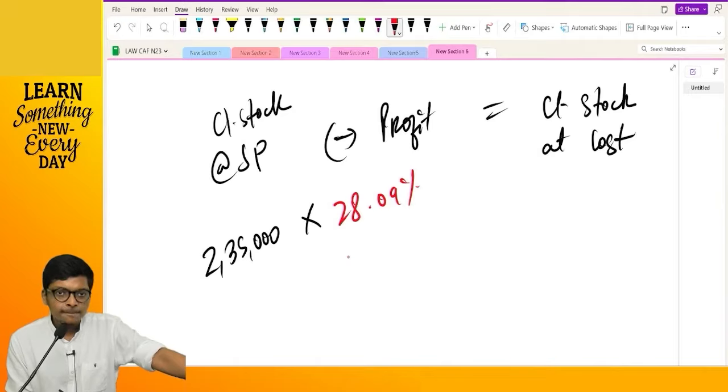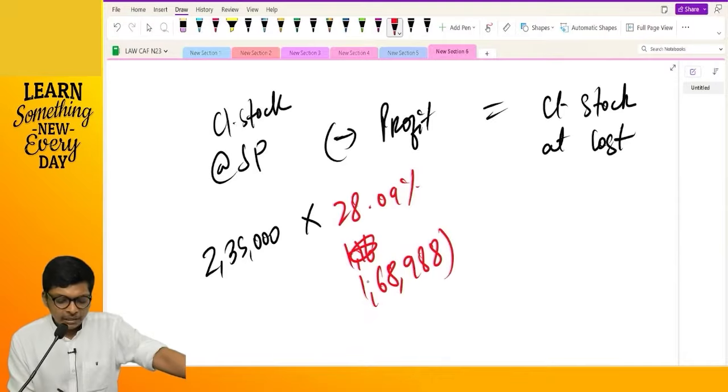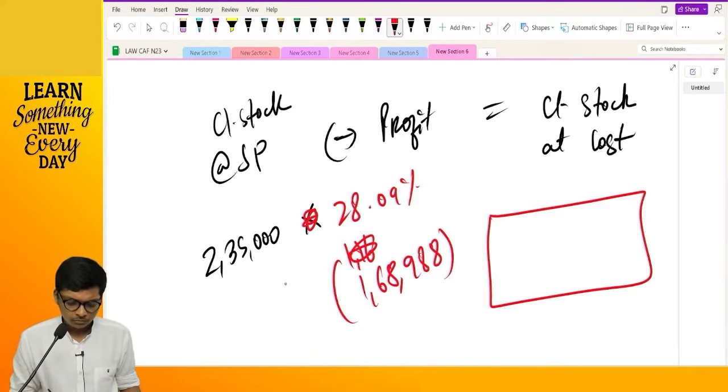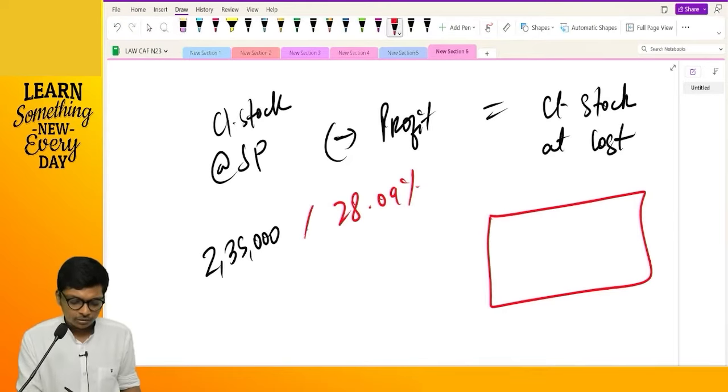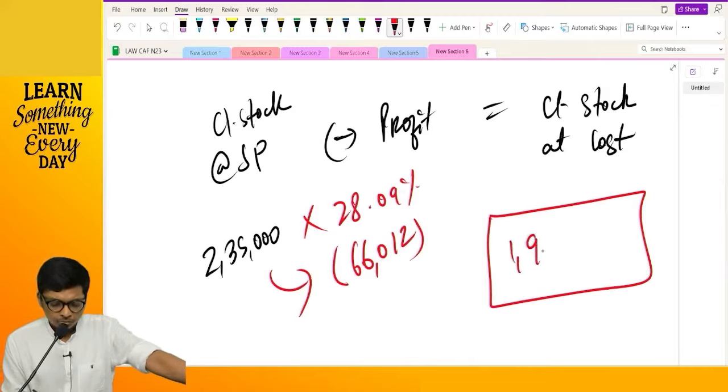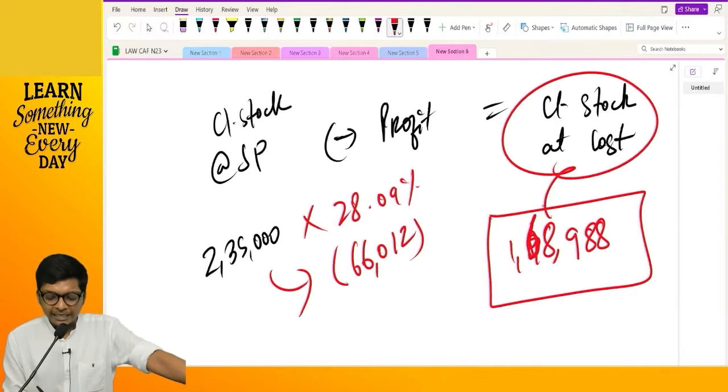How much is that? 66,011. Minus this, you will get closing stock at cost: 2,35,000 minus 66,991 gives 1,68,009. This is closing stock at cost.